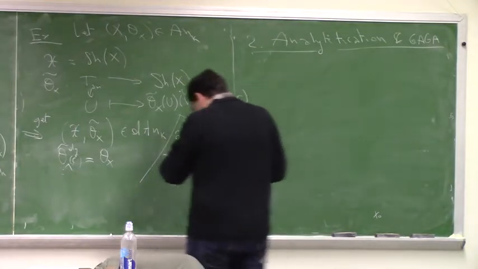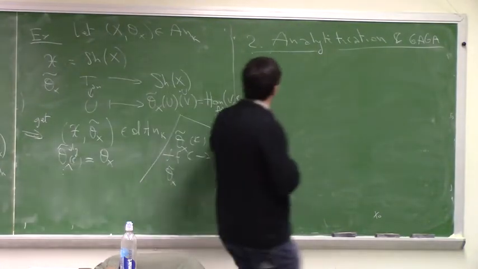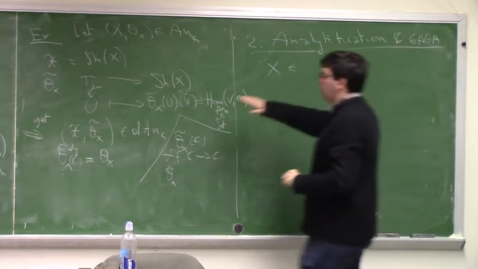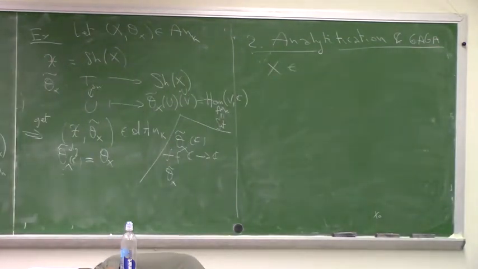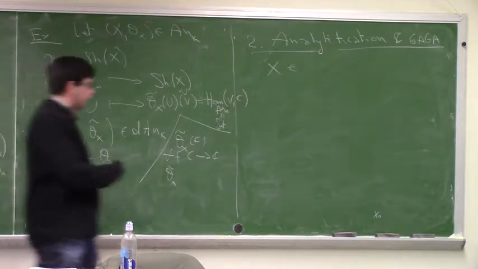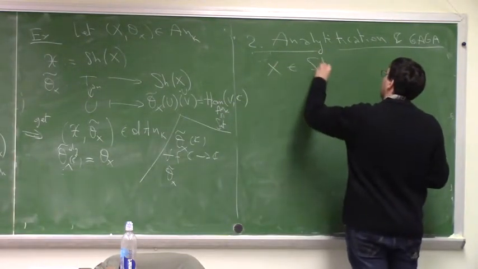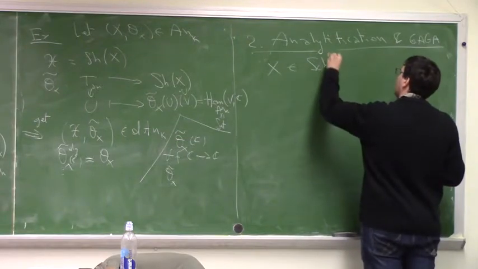So let me remind you what we want to define now. I start with a derived scheme in the sense of either Toën–Vezzosi or Lurie, and we want to construct an analytification, so some derived complex analytic space or Berkovich space according to that definition. So let me start by recalling the definition of Grothendieck.